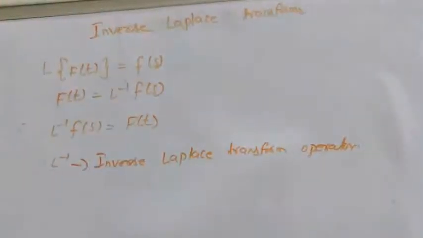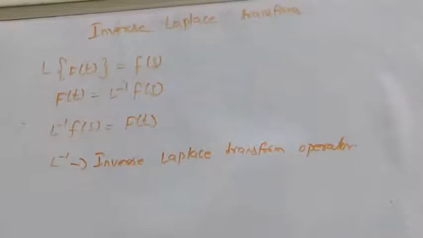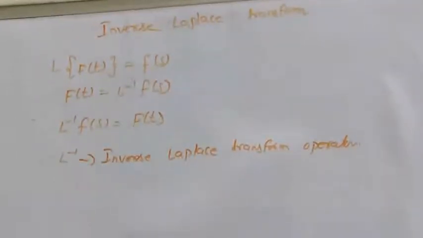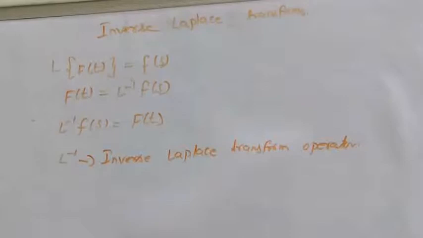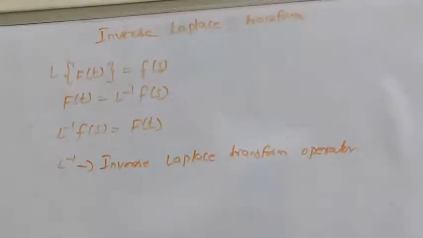Now we are going to look at different properties of inverse Laplace transform, similar to the Laplace transformation. In the properties of inverse Laplace transform, we have the linearity property, then change of scale property, first translation, and second translation.